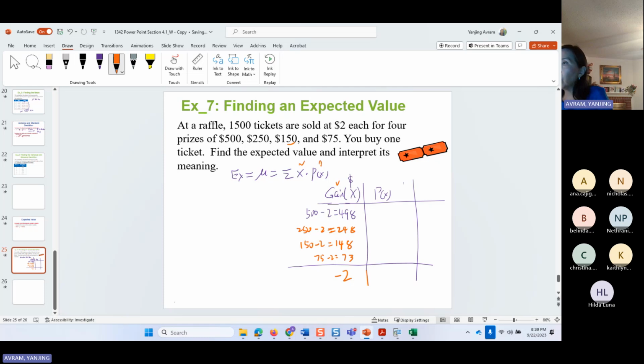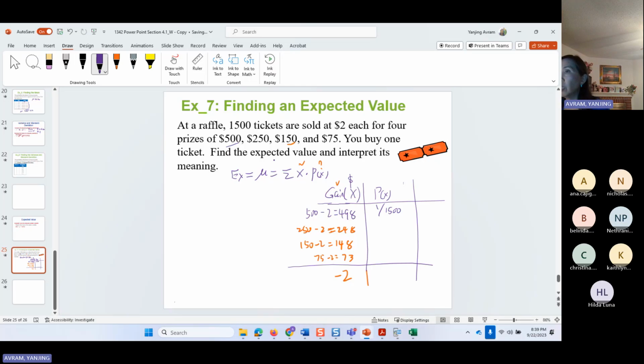And then we're going to look at the probability. What is the probability of winning the first prize, the $500 prize? Well, we only have one ticket here, so that's 1 out of the total tickets, 1 out of the 1,500. This is called a classical probability.